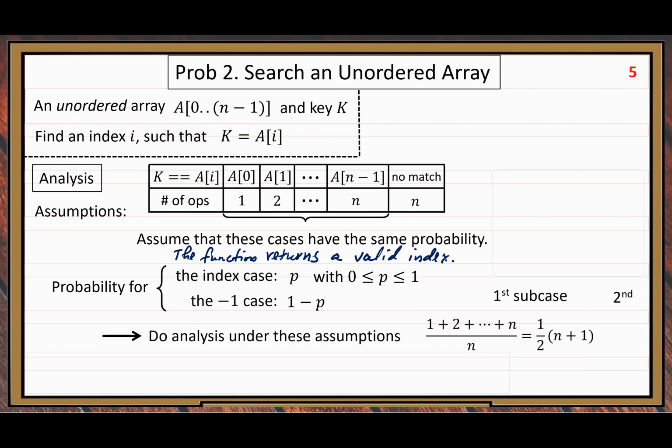So its average is 1/2 times n+1. That's for the first subcase. Second subcase: only one case, n comparisons. So we just take n for the second subcase.